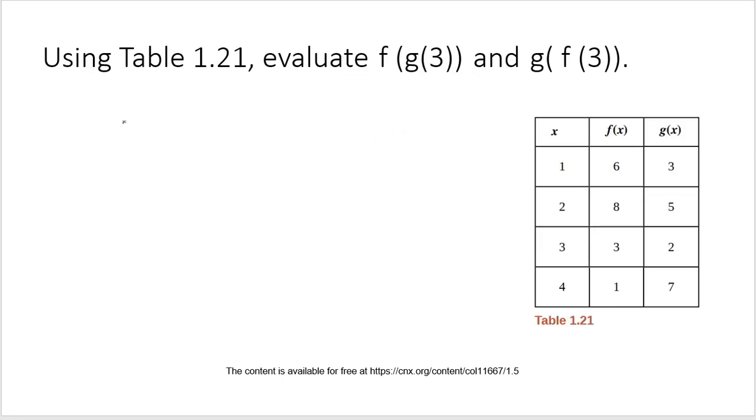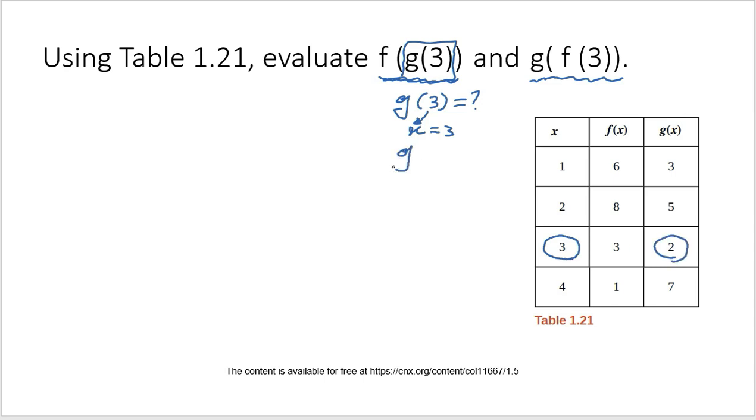Let's see. Using the table, evaluate f of g of 3 and g of f of 3. So let's start with f of g of 3. We need to find g of 3 first. So what is g of 3? x is equal to 3. When x is 3, g of x is 2.